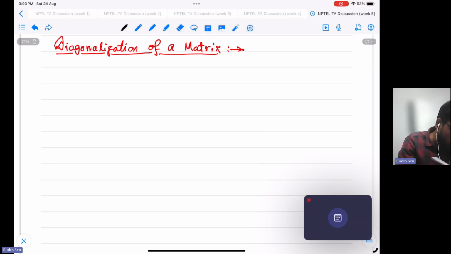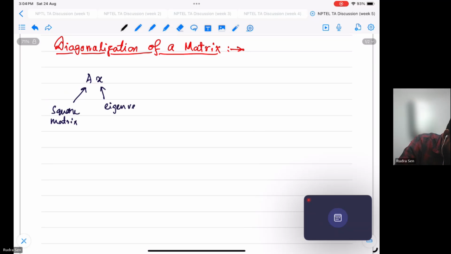Basically, we know that if A is a square matrix and X is an eigenvector of that matrix, then we have AX equals lambda times X, where lambda is the eigenvalue, right?